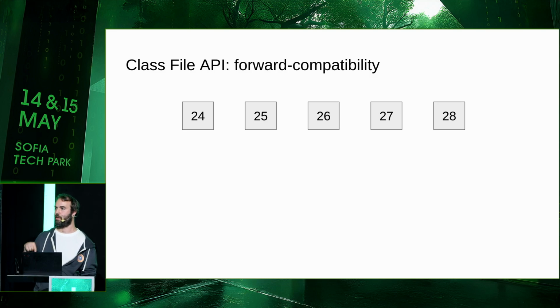I can download Java 25, I can run Java 25, and I can read the specification of Java 25. So I know what the class file format means. However, I don't know anything yet about Java 26. So if I write Mockito today and ship it to you, and you download it and now you want to update to Java 26, I cannot transform a Java 26 class file.